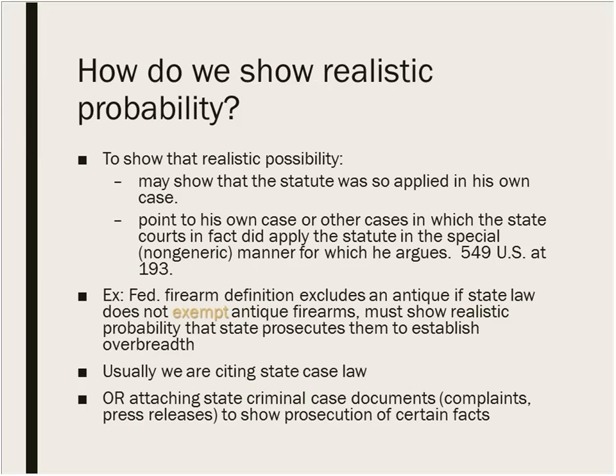Or you can point to other cases in which state courts did, in fact, apply the statute in this non-generic manner. So, I wasn't convicted of possessing this non-federally controlled substance in New York, it's pregnancy hormone for those that are interested, but look at these people. They were convicted of or prosecuted for possessing pregnancy hormones. So it's not just my legal imagination. This is something that's actually criminalized.